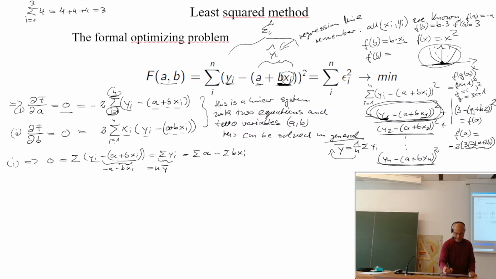So this is then 3 times 4. This is also just a fixed number. Summing up from i equals 1 to n is then nothing else than n times a.